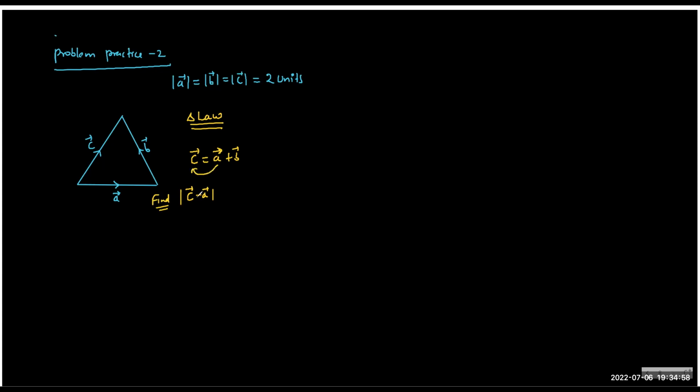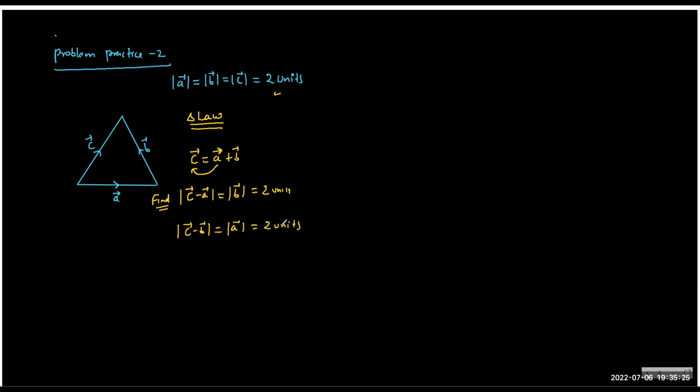By shifting A this side, I got C minus A. So C minus A is representing nothing but B, whose modulus is 2. It's given here. That's easy. Okay. If someone asks you what is the modulus of C minus B, it's again 2 units.